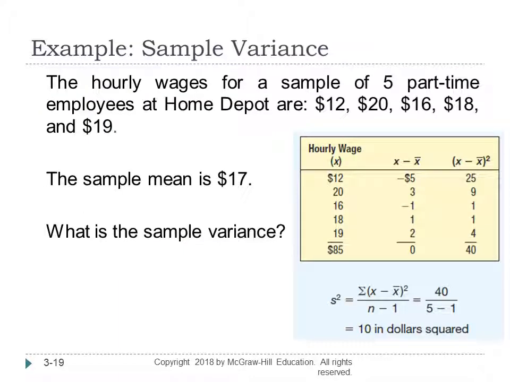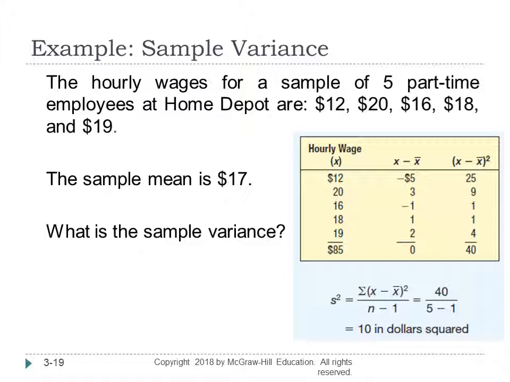Here is an example of calculating the sample variance. The data that we have represent the hourly wages for a sample of 5 part-time employees at Home Depot. There are 5 employees, so there are 5 values: $12, $20, $16, $18, and $19.